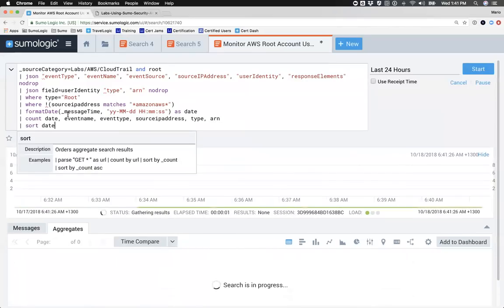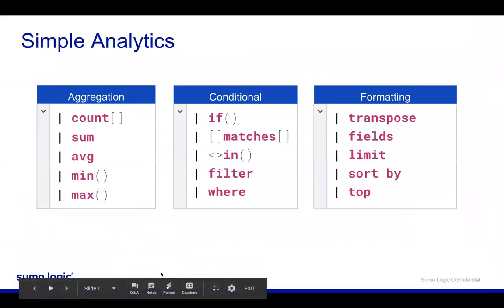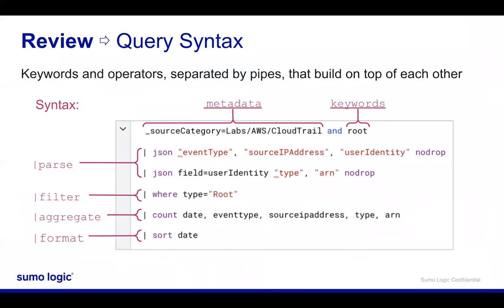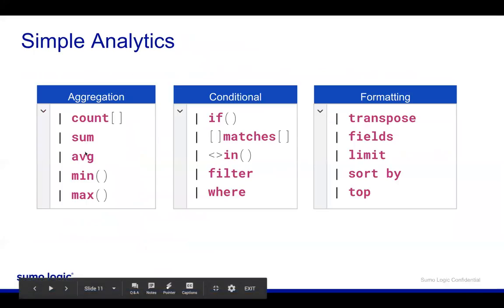So here's the query that I run. There were my results down there. And as a matter of fact, I believe this is one of the labs that you end up doing in the hands-on labs. So simple analytics, the usual suspects are there: the count, sum, min, max, the average, right?